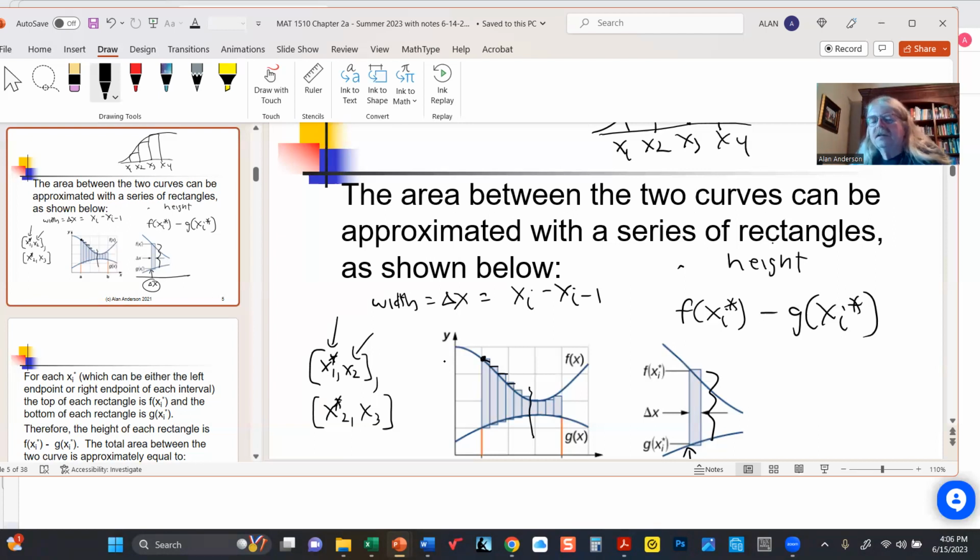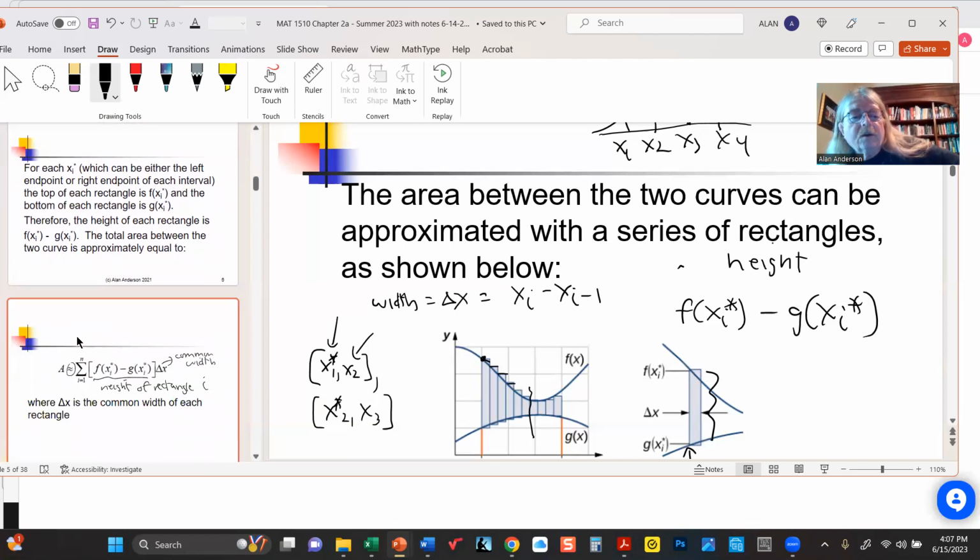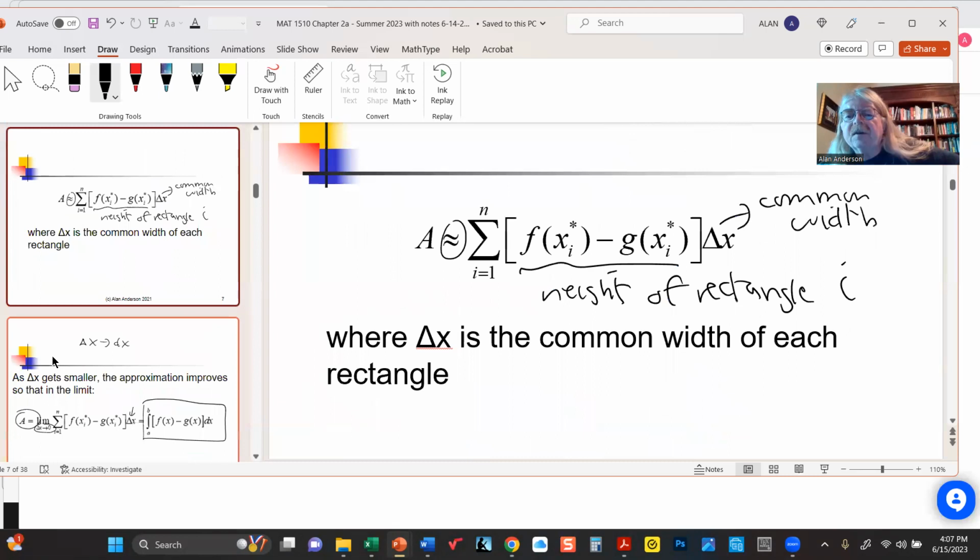Now, we saw earlier that ultimately, it doesn't make any difference whether we choose the left or the right endpoint. We will get the same results as we shrink the size of the rectangles. In other words, as the number of rectangles increases, delta x decreases, and in the limit, both the left endpoint approach and the right endpoint approach will give us the correct area between the two curves. Okay, so what we're doing is exactly what we did in the previous chapter, except now we're thinking in terms of a difference.